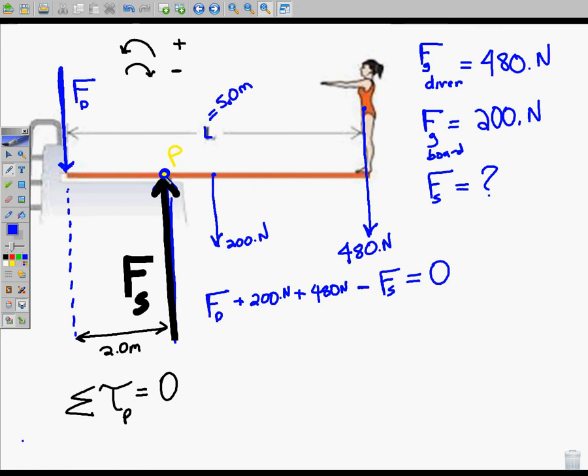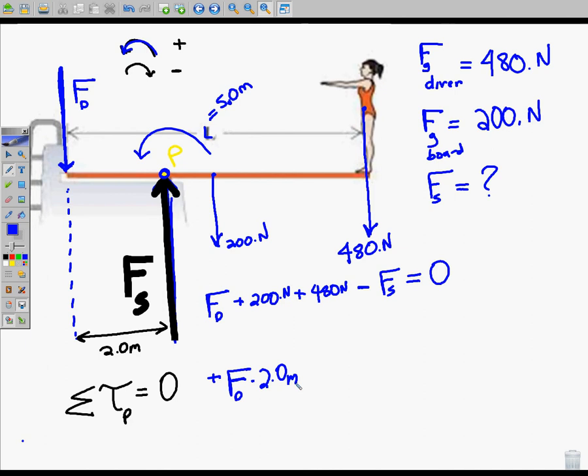Positive, because it's going to make the board go over that way. So this is going to be positive FD times 2 meters.